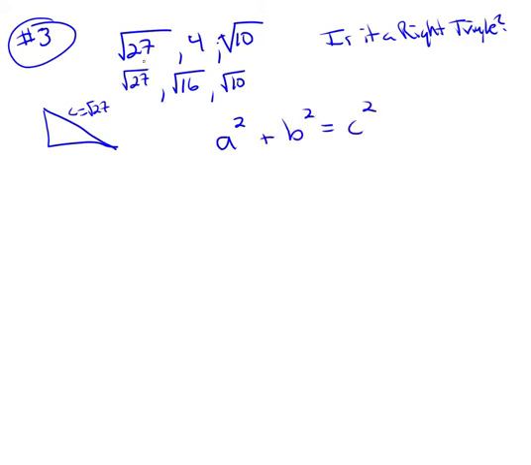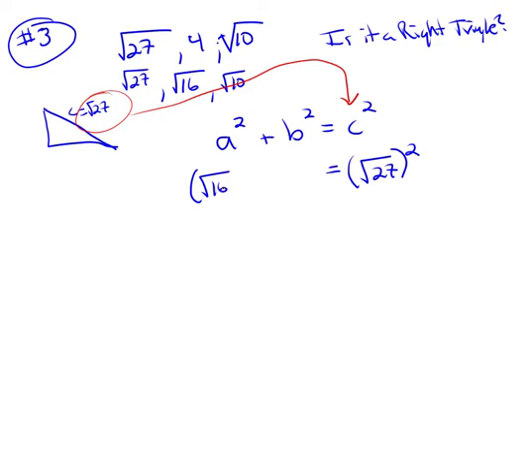Now I'm going to substitute, and remember the key is to get the square root of 27 in the right place, the hypotenuse. So the square root of 27, and we'll square it. Now we'll substitute the other ones in, the square root of 16 squared plus the square root of 10 squared.